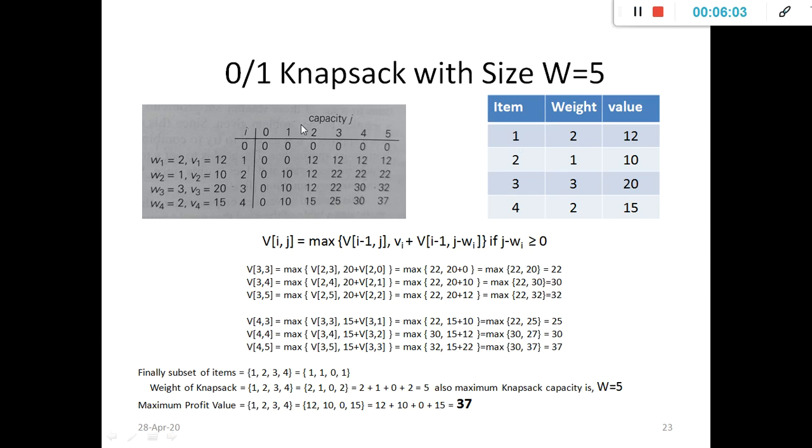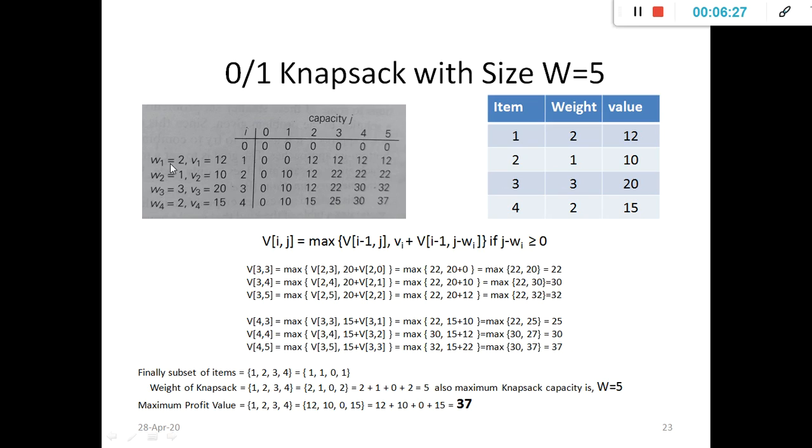Once you complete this table, at the end you will get the most profitable value by considering the suitable objects or items inserted into the knapsack with the given knapsack capacity W equal to 5. While choosing or inserting items into the knapsack, you also have to verify that you are not overloading the knapsack size.